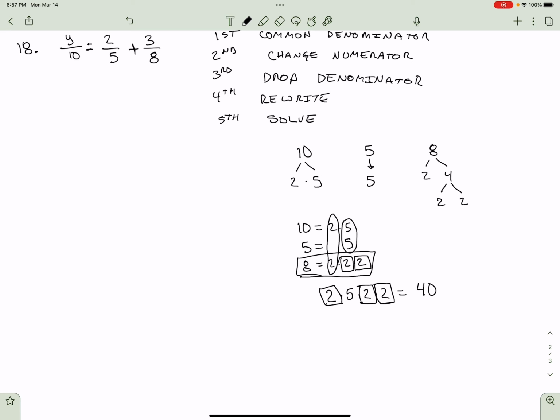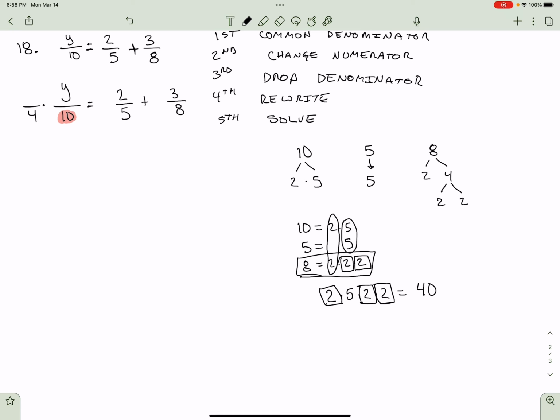So we need to look for values in our original problem that make these denominators be 40. So what makes this first 10 right here be 40? Well, we're going to have to multiply that by 4.